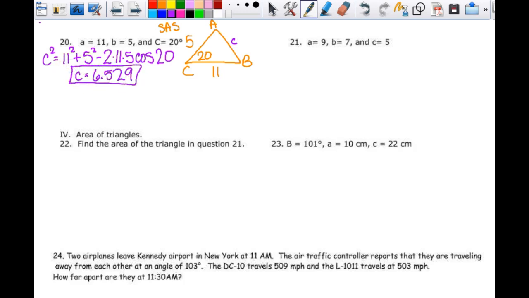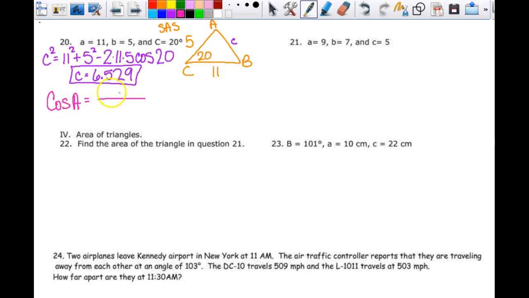Okay, so now I need to find one of the other two angles. I could find A or B. It really doesn't matter. So I will find A, which means I'm going to use the other version. So the cosine of A, which is what I'm looking for, is equal to a fraction. Whatever letter this is represents, the first two that get squared are not that.